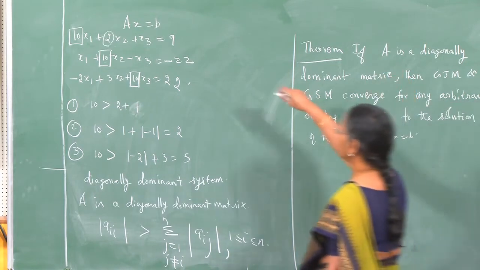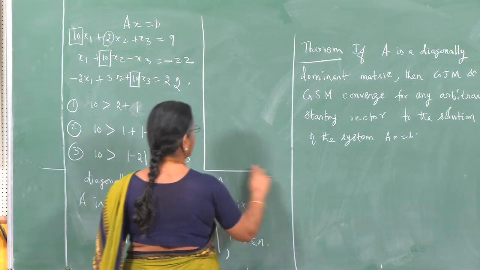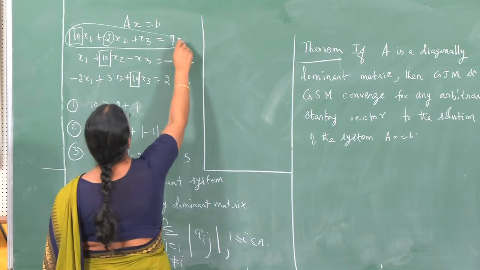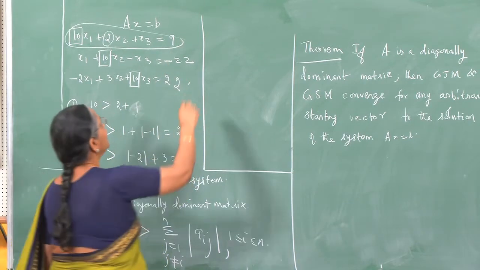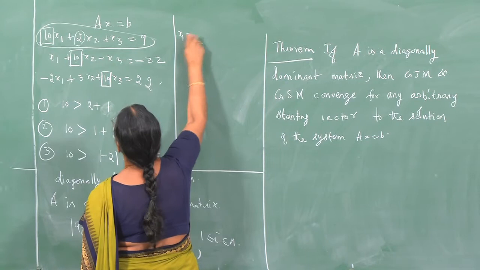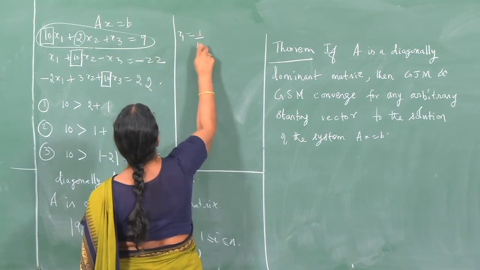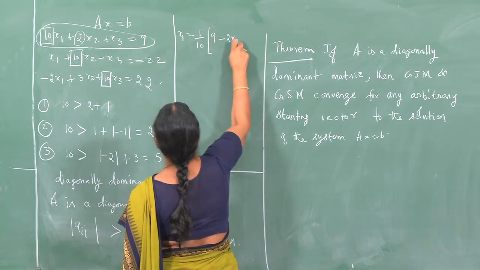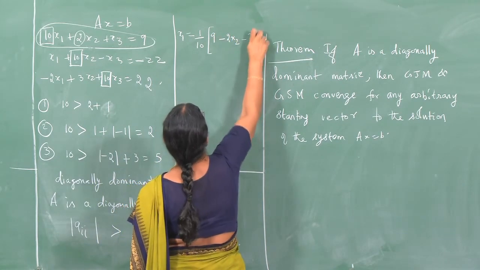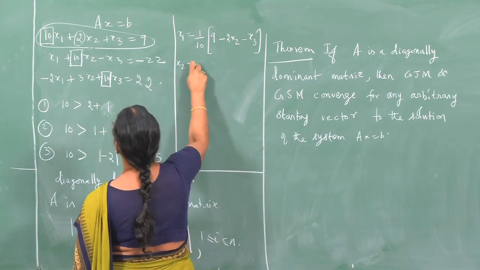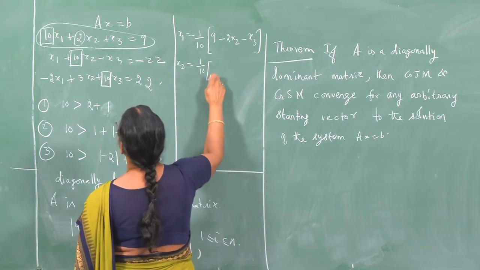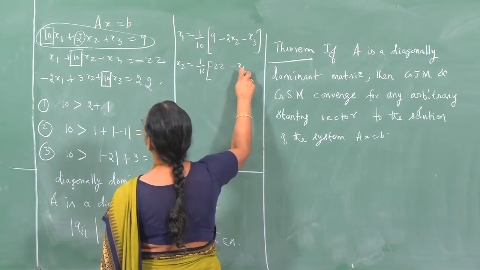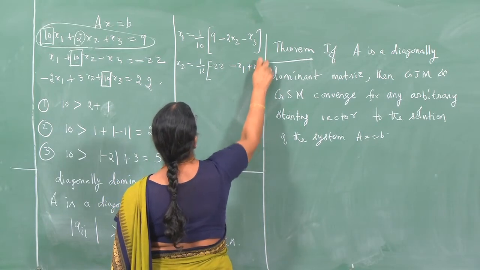So, let us first write down these methods. What should we do? I must associate the first equation with the first unknown, and therefore, x1 should be solved from the first equation, and that gives you 1 by 10 into 9 minus 2x2 minus x3. x2 is 1 by 10 again minus 22 minus x1 plus x3.